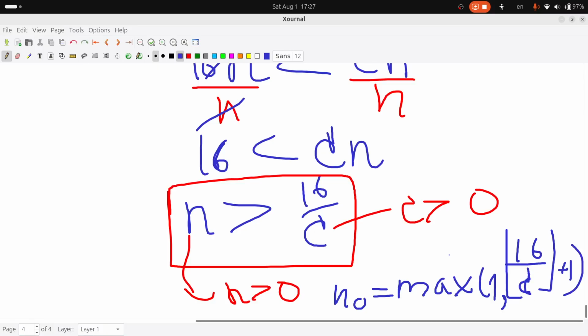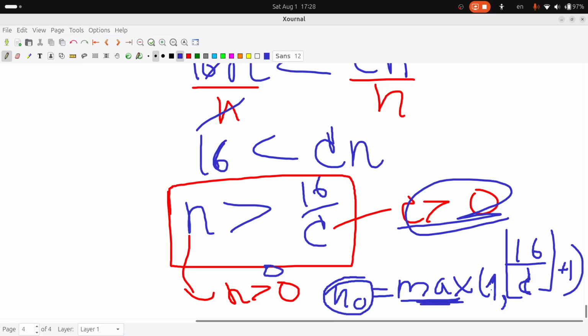That's what we can do. And that means for any constant c, we can find a starting point that is greater than 16 divided by c, and n0 must be an integer, so sometimes it can be 0, so we use the maximum function to make it 1.